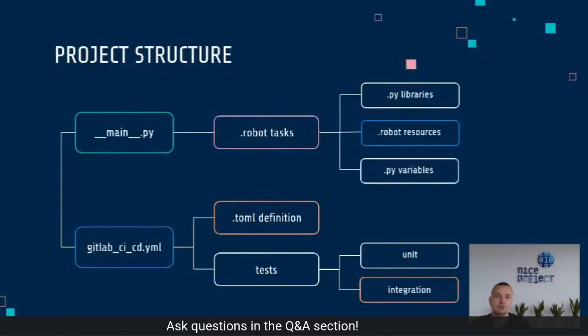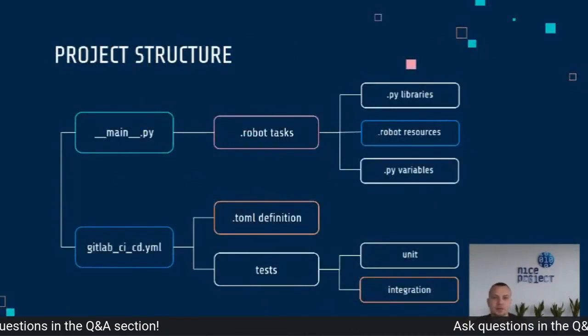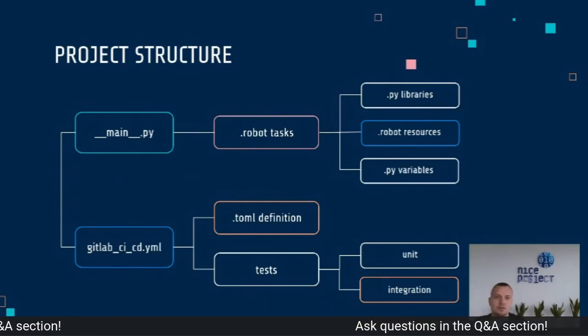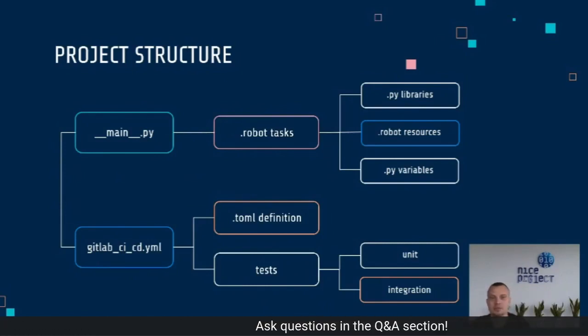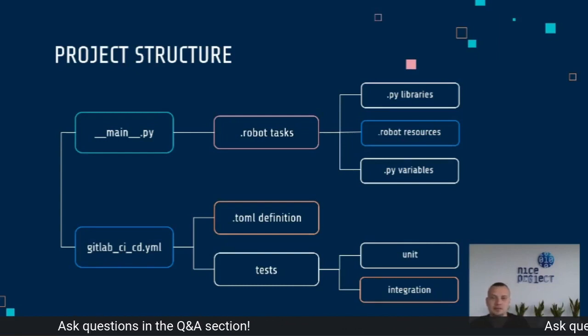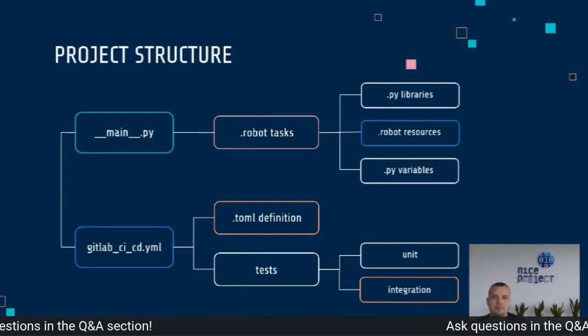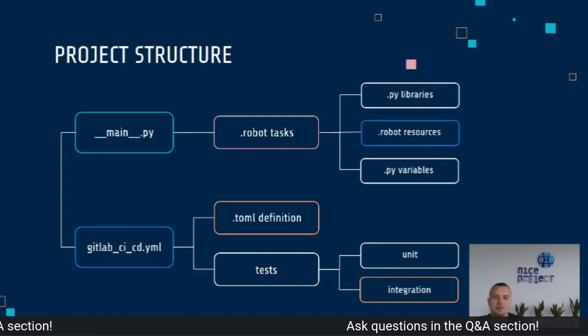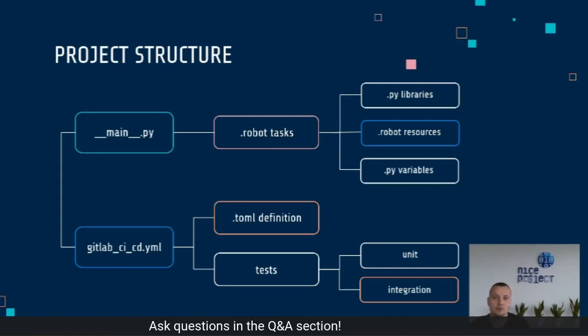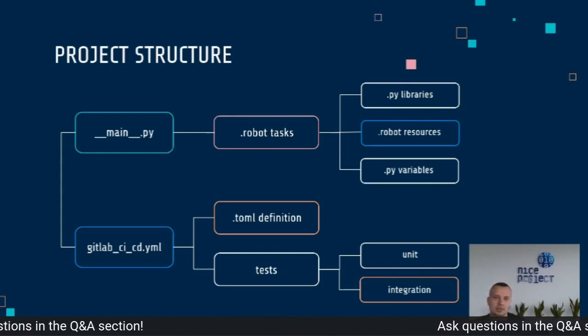The project structure can be divided into two main parts. The first one is the operation of the application itself. The main.py file is the script that oversees the library. It prepares the input arguments passed by the user, formats them, and most importantly, runs the robot tasks.